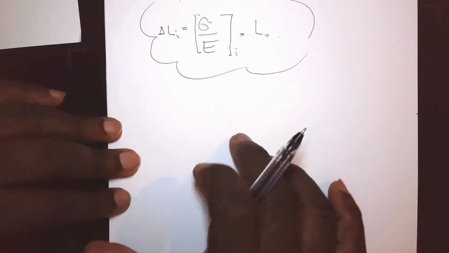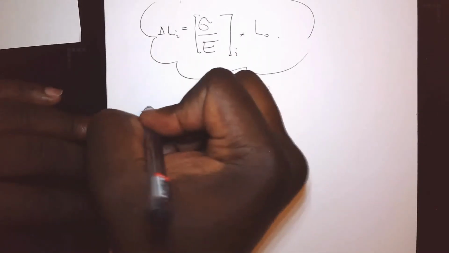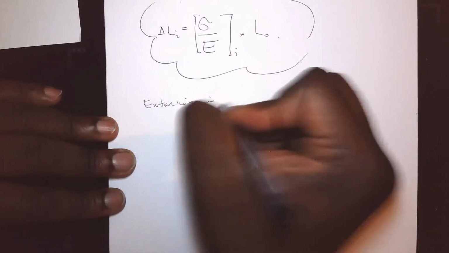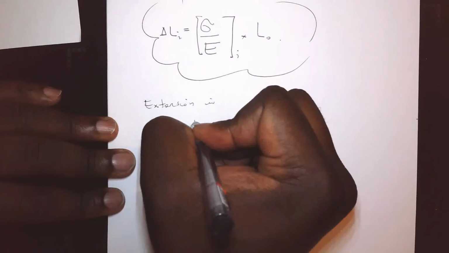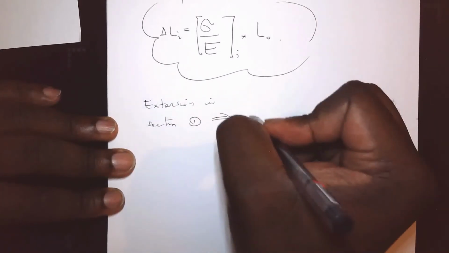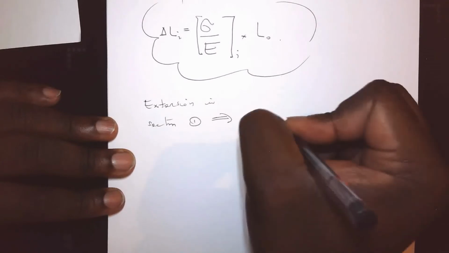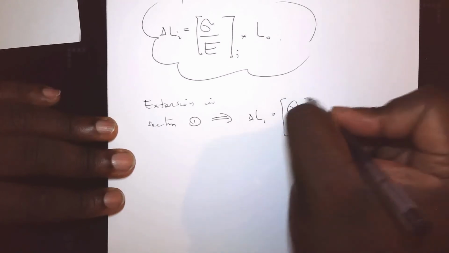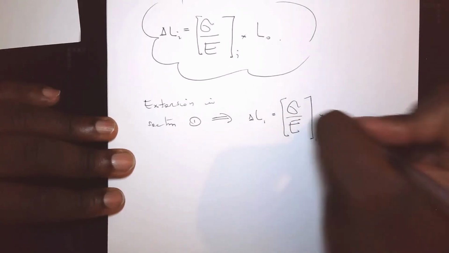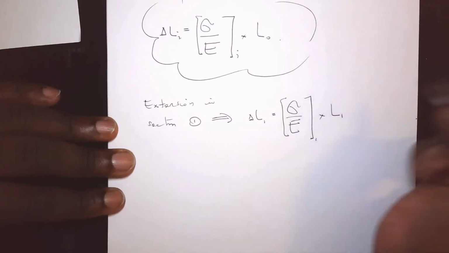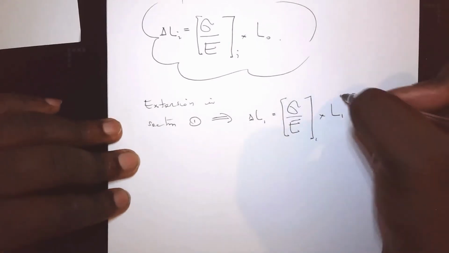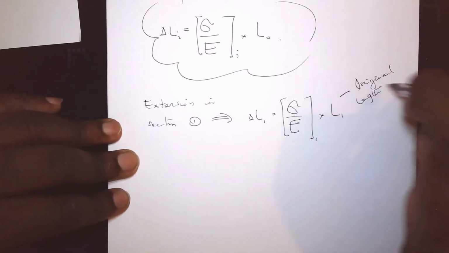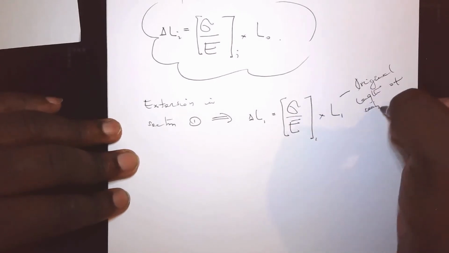So let's relate this expression to our problem. The extension in section 1, which would be delta L1, will be equal to the stress divided by the Young's modulus with respect to section 1 times L1, and L1 is representative of the original length of section 1.